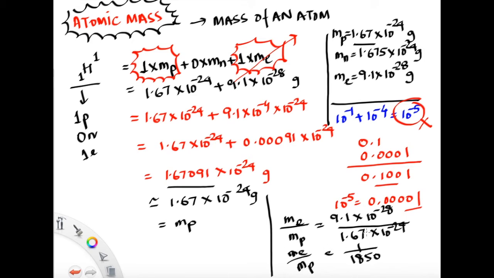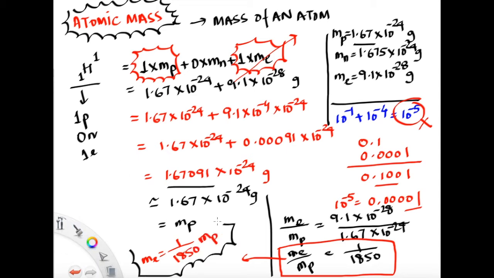So this means that an electron is around 1800 times lighter than a proton, or a proton is 1800 times heavier than an electron. So if you add proton and electron together, it's definitely going to be equal to mass of a proton, because the mass of an electron is negligible.